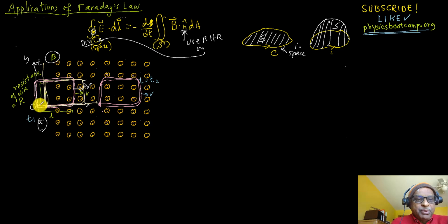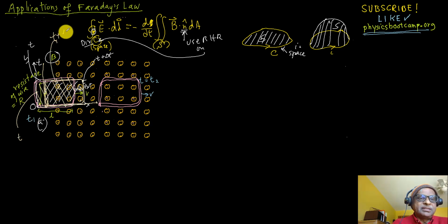So this is going to be at t plus delta t, and this is the situation at t. This area is going to be at t plus delta t, and this area is for t.